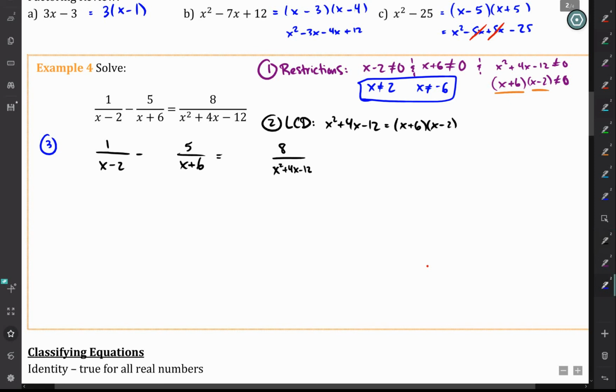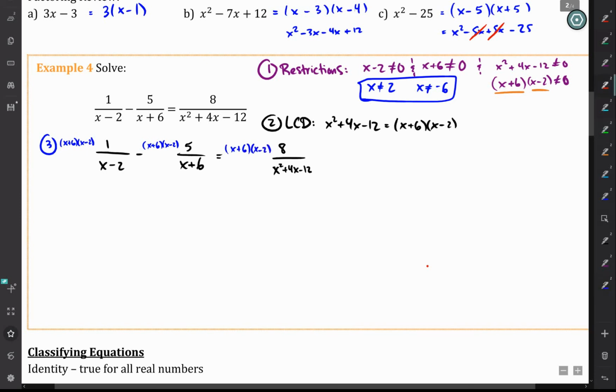Alright, and now I'm going to multiply this by the LCD, and I like to write it like this, x plus 6 times x minus 2, only because that will make canceling a lot easier. And I'll write it again, x plus 6 times x minus 2, and x plus 6 times x minus 2.